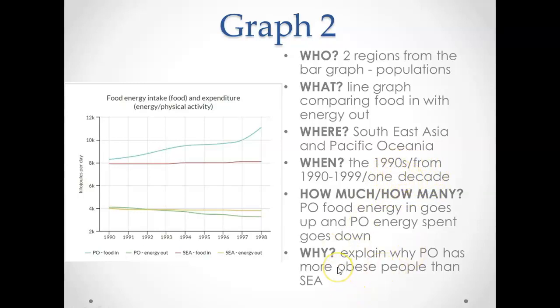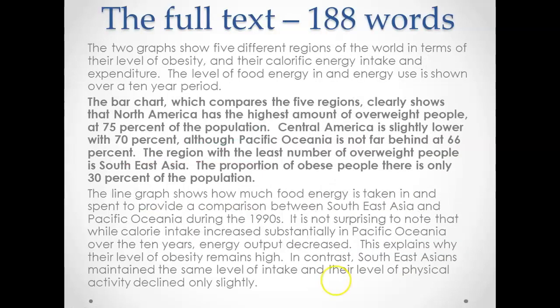You can have a look at that at your leisure. Let's keep going. Now the full text is 3 paragraphs and the total is 188 words. Remember, you have to write at least 150 words. So this is an excellent example. You can come back to this page and read it again soon.